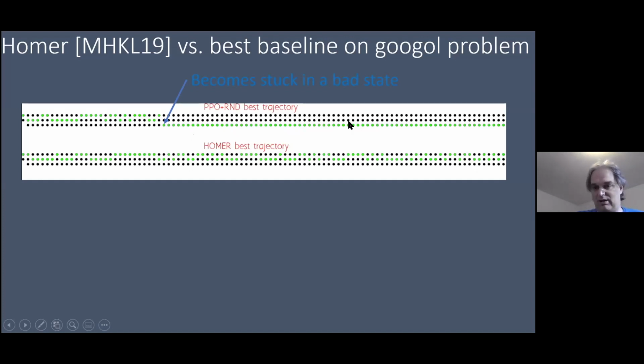It just stays in the bad state until the end. Well, with Homer, it chugs along and it eventually learns and it gets the gold, and it essentially succeeds every time. So that's obviously a large difference in performance.